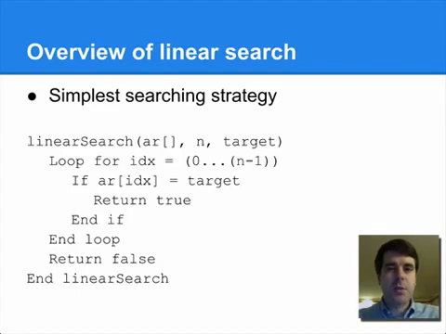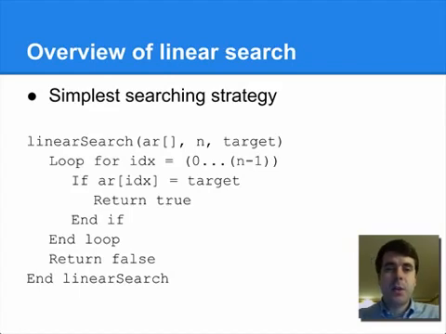Linear search is probably the simplest way that you could ever think of if you were trying to find something in a list of data, and it's literally as simple as starting at the first element, looking at the first element, then the second element, then the third element, then the fourth element, until one of two things happens. Either somewhere along the way you find the thing that you're looking for, or you reach the end of the list.